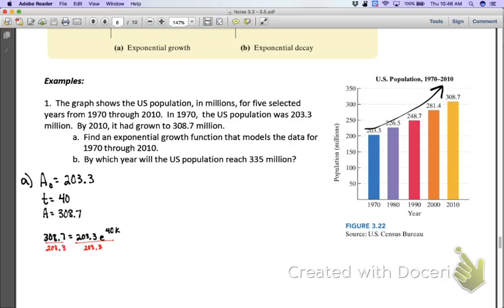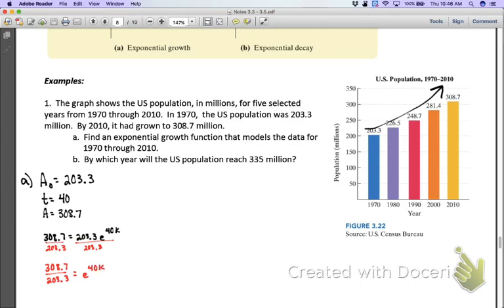I'm just going to leave it like this for right now, and then 308.7 over 203.3 equals e to the 40k power.